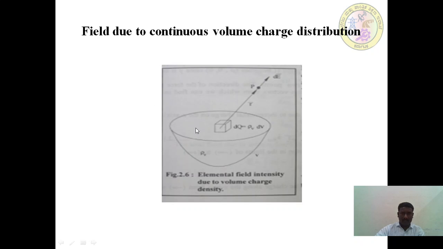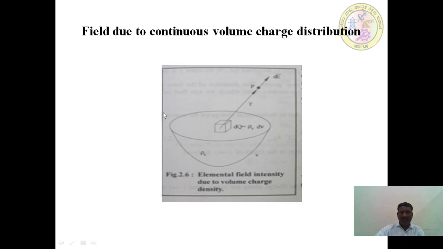See here, at some point P, what is the field intensity obtained due to this volume charge? You have to find it out.